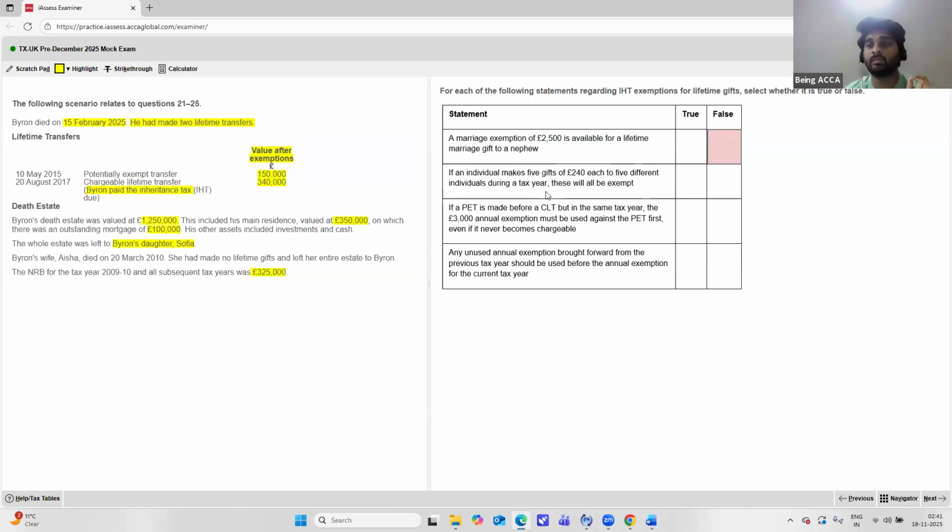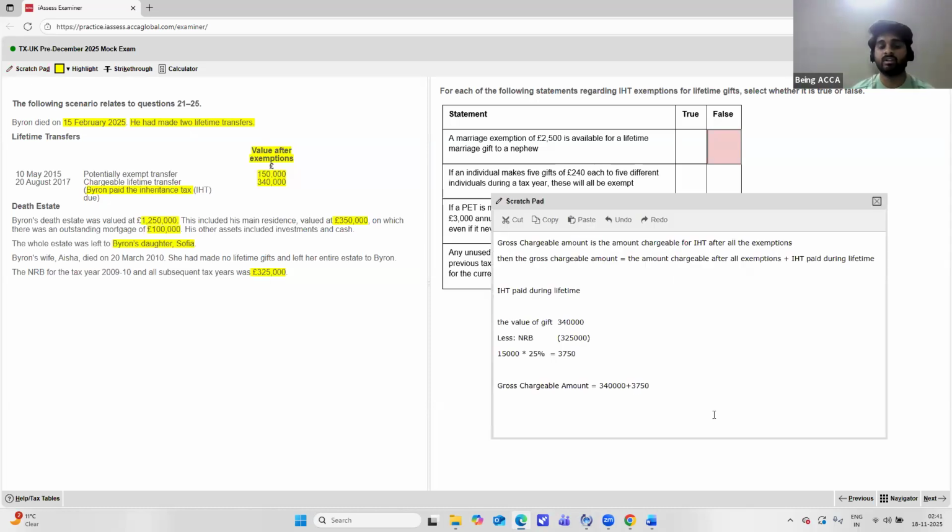Small gift exemption is nothing but if an individual makes a gift which is worth less than £250 per year per individual. So per year, per individual, £250 is the threshold. Then it is exempted.